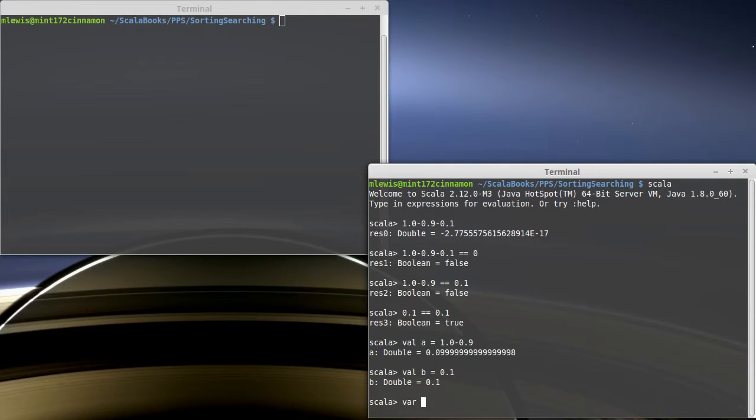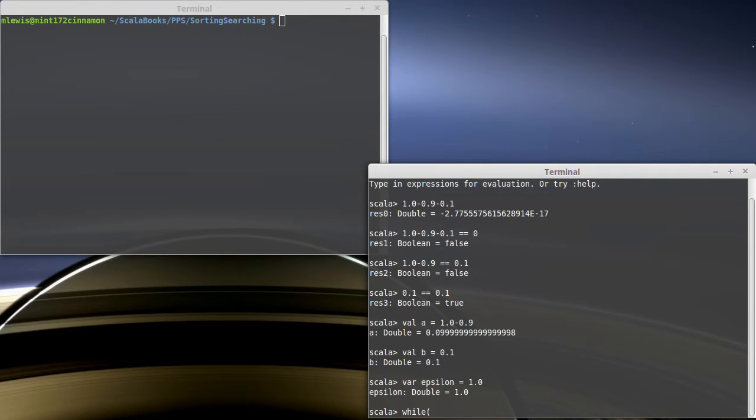So if we make a var, we'll call it epsilon and say that it equals 1.0. And then while 1.0 plus epsilon is greater than 1.0, we're going to take epsilon and divide it by 2.